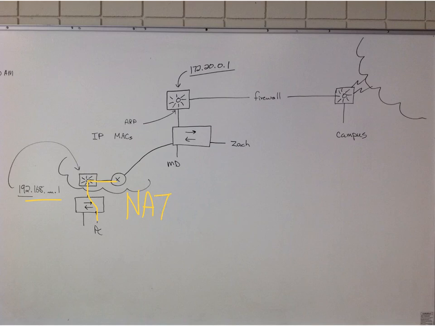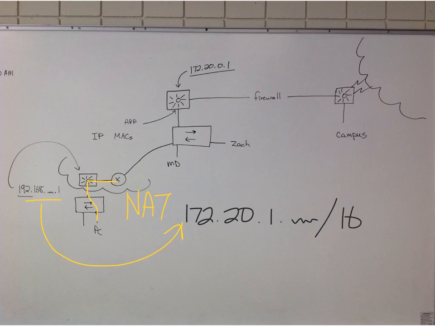So it takes this address and makes it a 172.21 dot something. Okay, makes sense. Sends it up to this switch on that VLAN, and it defaults to this address here.